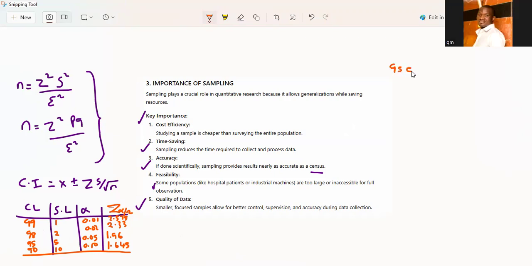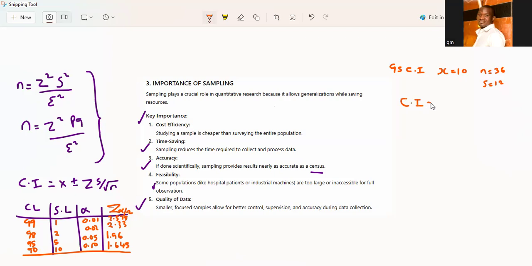Sometimes you'll be told to find the 95% confidence interval for a mean of 10. The sample size is 36 and the standard deviation is 12. What is our 95% confidence interval? The confidence interval is given by the formula mean plus minus Z times standard deviation over root of N. What is our mean? 10.